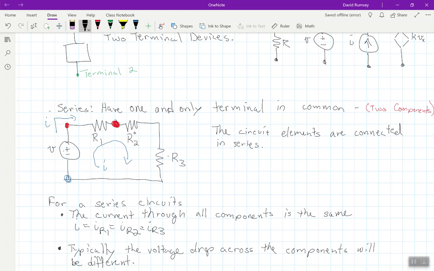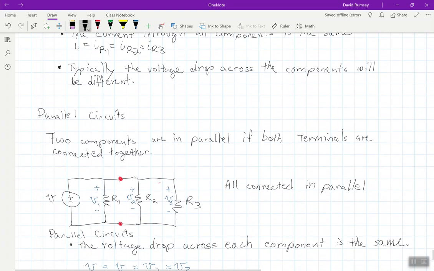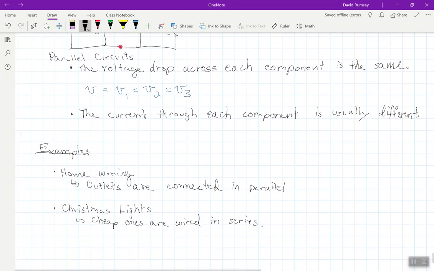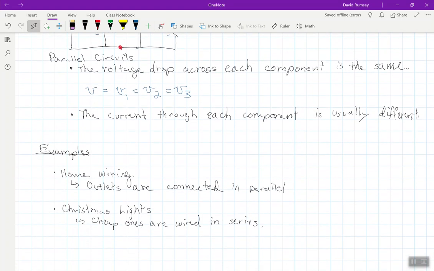So if I disconnect a light bulb, for instance, take away that resistor, I now have an open circuit. Open circuit, no current flows through this. And so if no current flows through it, that means there's no current at all in the circuit. So R1 and R3 have no current going through them. And if you think of those as being light bulbs, if there's no current going through them, the light bulbs aren't lighting up. So the problem with that, of course, is if one burns out, finding the light bulb that is burned out in a cheap set of holiday light strings, it's easier just to buy a brand new one than to try and find it.